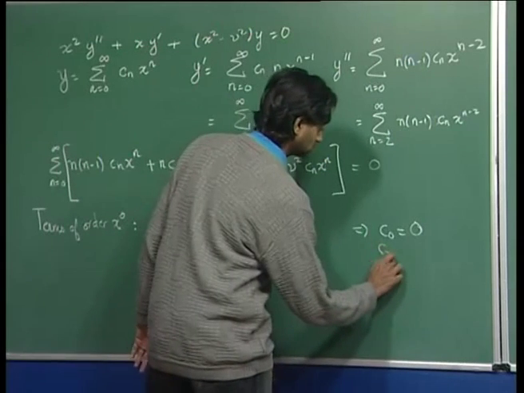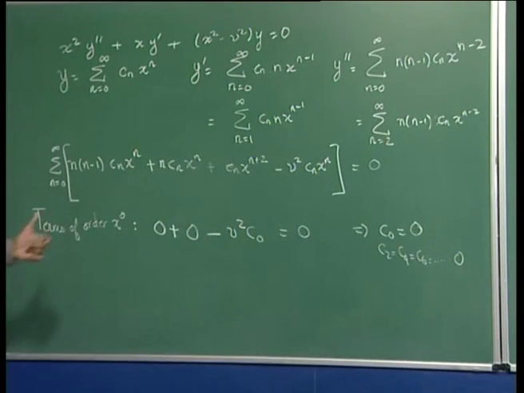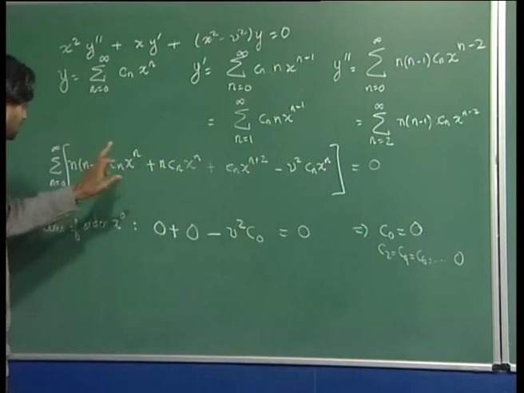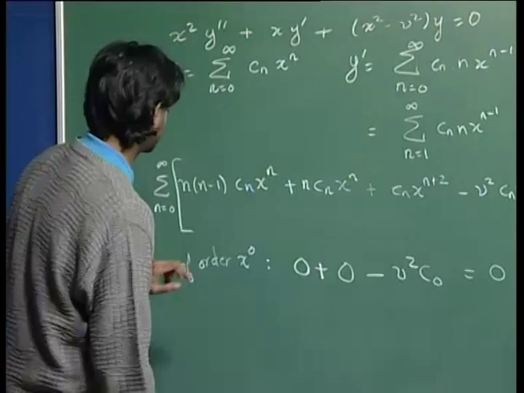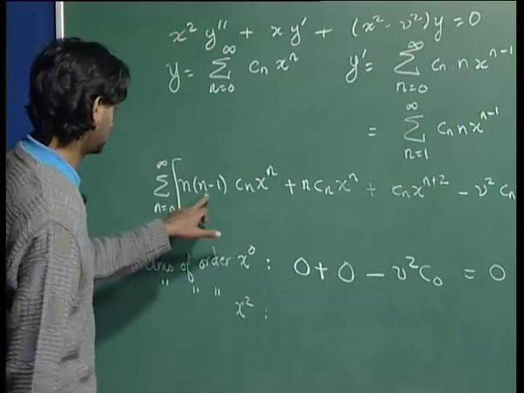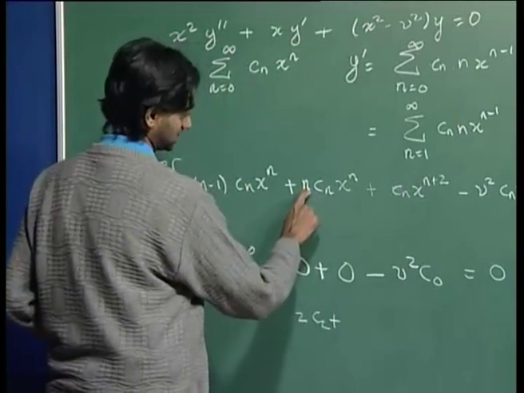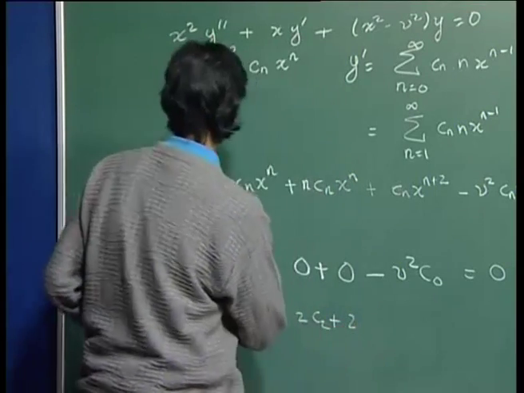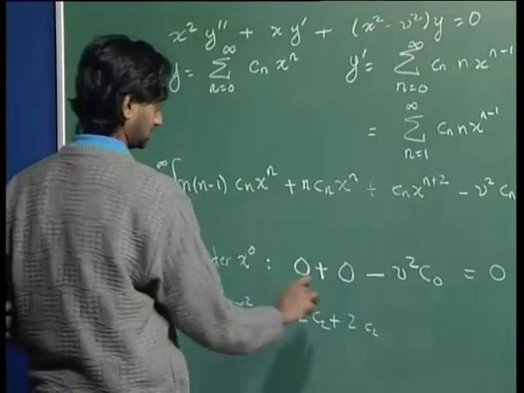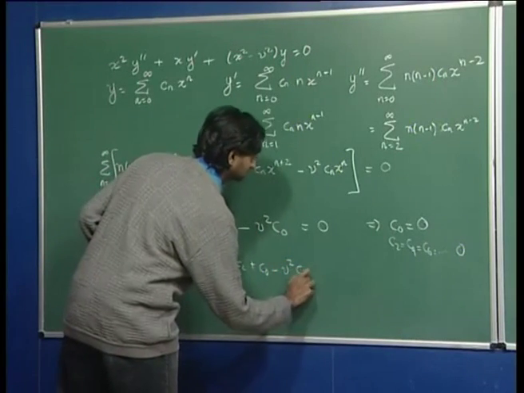So, you get C 0 equal to 0, and C 2 will be related to C 0, because if you look at the terms of order x square, then you will get 2 into 1 into C 2 plus, here n equal to 2, so 2 C 2, plus here you will get a term when n equal to 0, so C 0, minus nu square C 2 equal to 0.